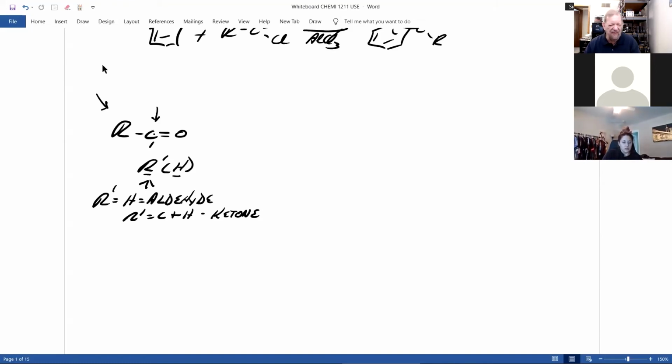Remember, almost everything happens at the carbonyl carbon. Carbon double bond to oxygen. And I'm going to do a double prime, and you'll understand why now. If I react it with an alcohol, and this means acid catalyst, what's attached to the carbonyl carbon is still attached.